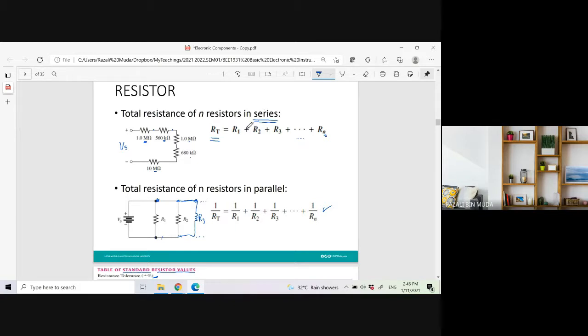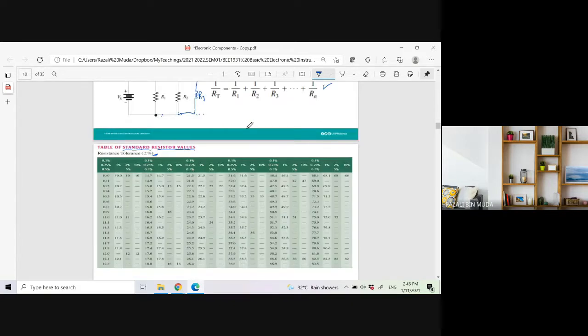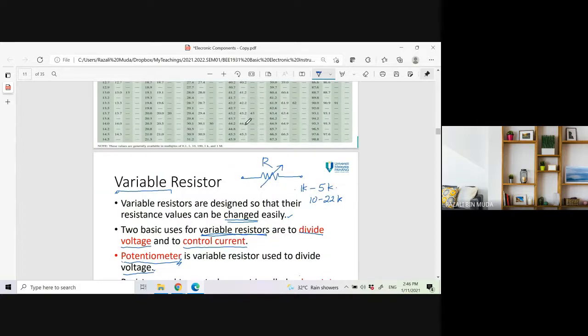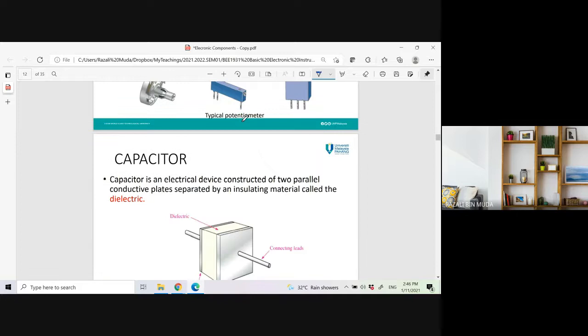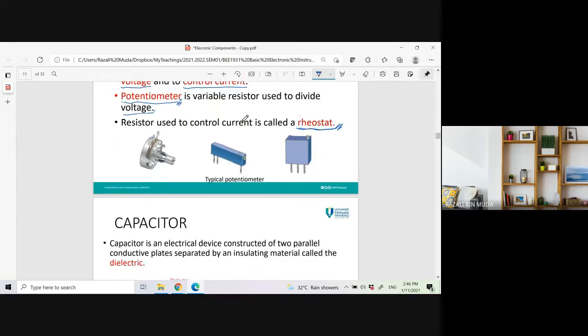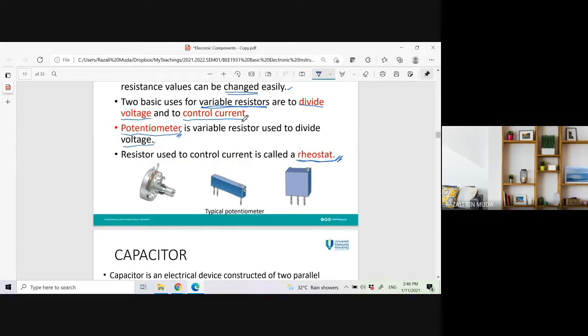Okay? So that's all for the first part of this lecture. The second part we will discuss the capacitor and so on. And I think capacitor and transistor, right?